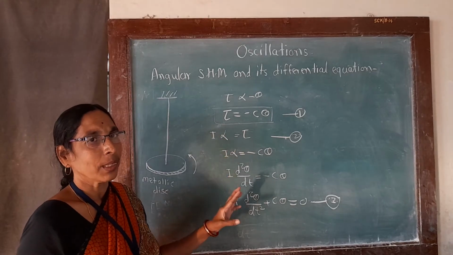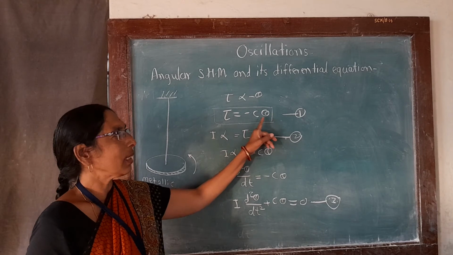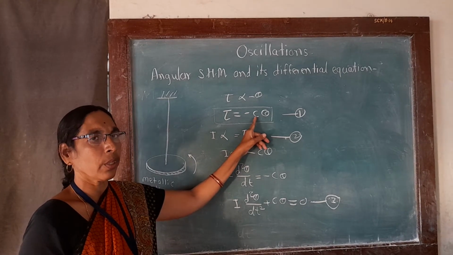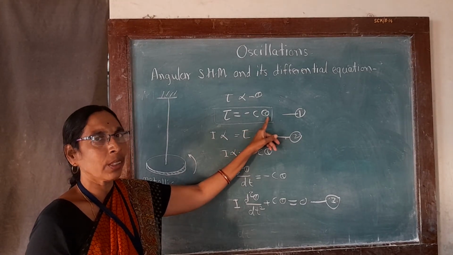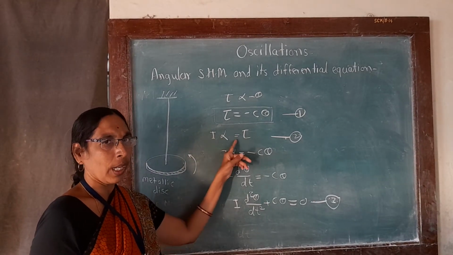The equation of angular SHM is tau is equal to minus c into theta. C is restoring torque per unit angular displacement, which is the proportionality constant, and theta is angular displacement. But we know the value of torque is I into alpha.